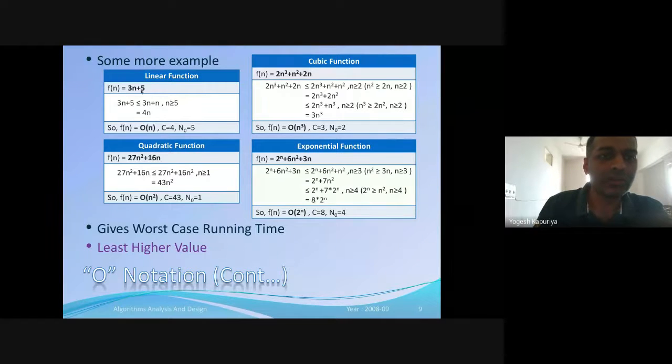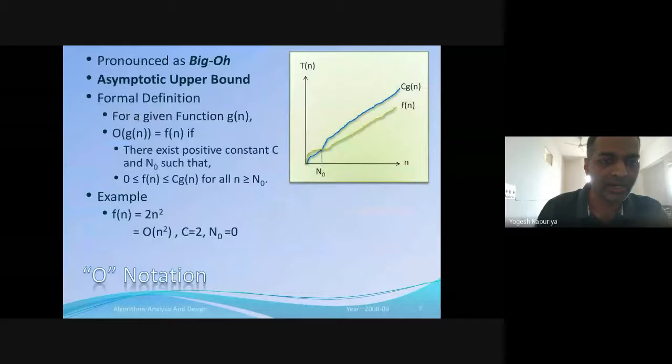So usually what we do is try to replace the lower order term with the higher order term. While we replace this, we always keep in mind that ultimately we want an equation of this kind: Fn is less than or equal to Cgn, because once you get this Cgn, that is actually your big O notation for this Fn.